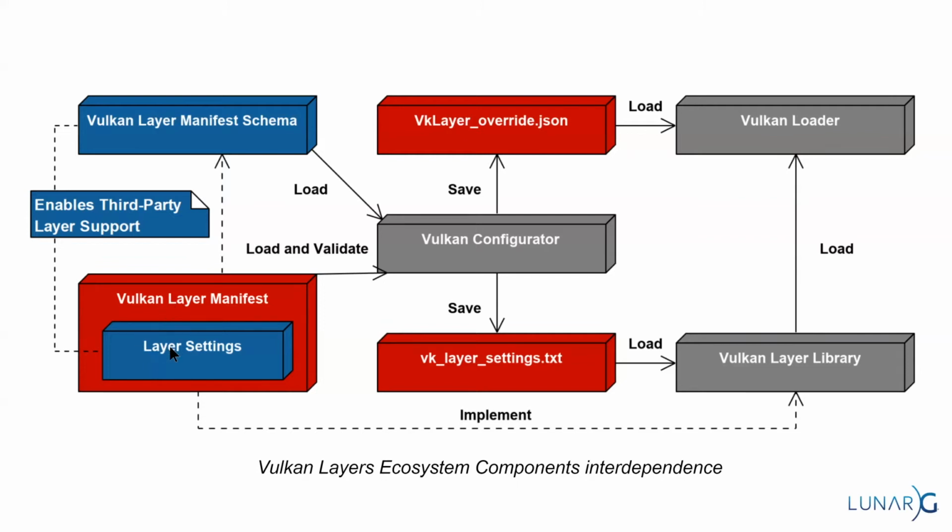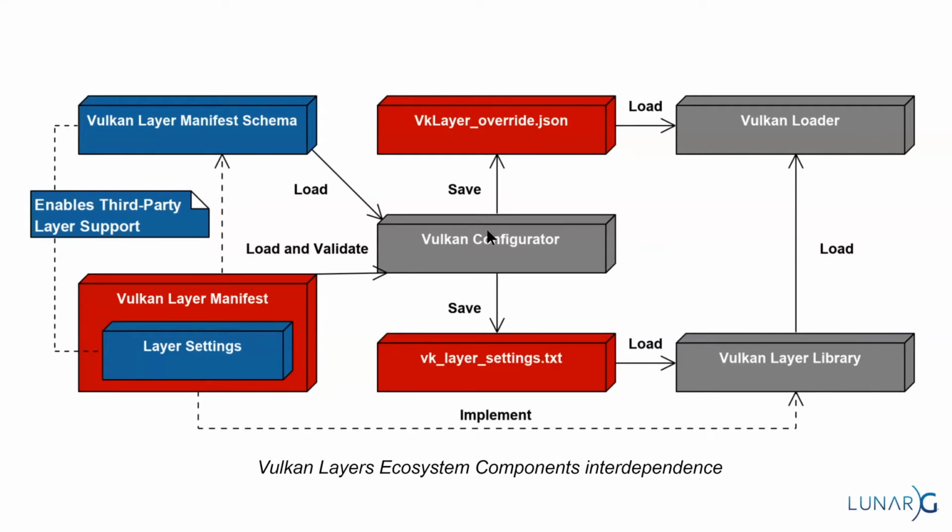The manifest contains the layer settings, but we made a schema so that when you create a setting in the layer manifest, we can validate that the manifest is correct and can be read by Vulkan Configurator. If the manifest is not correct, Vulkan Configurator is just going to ignore the layer.